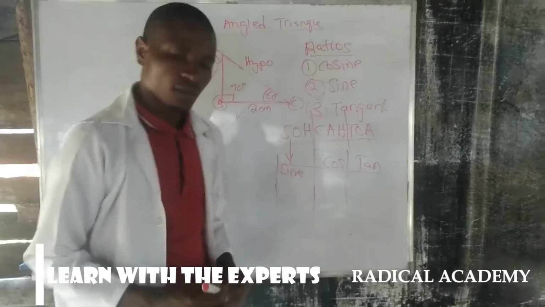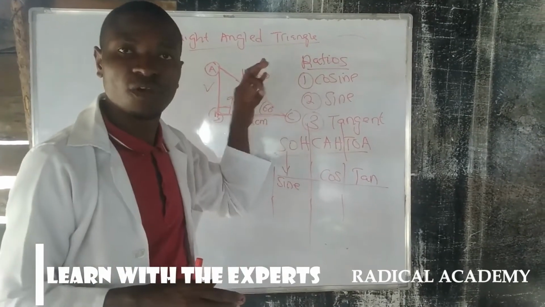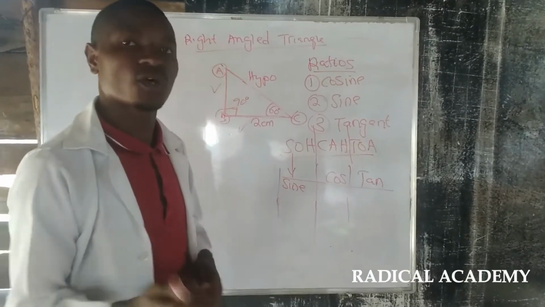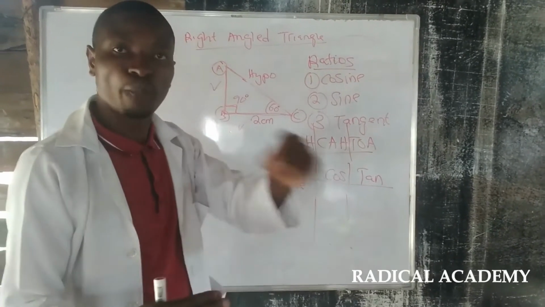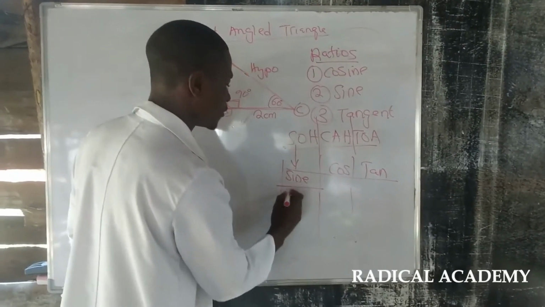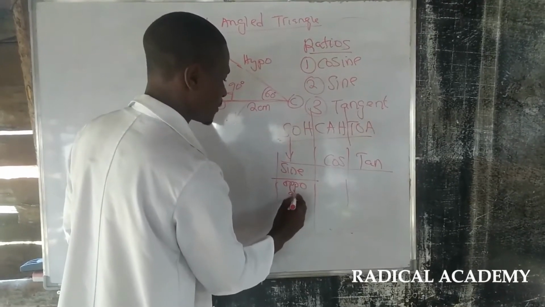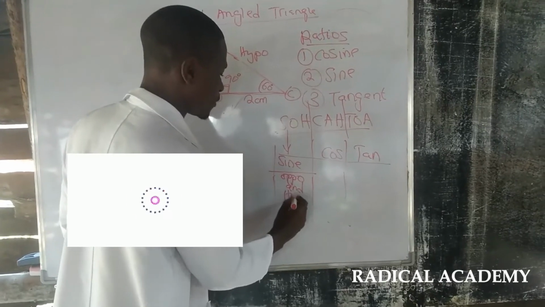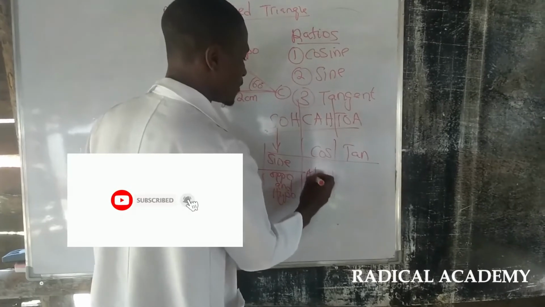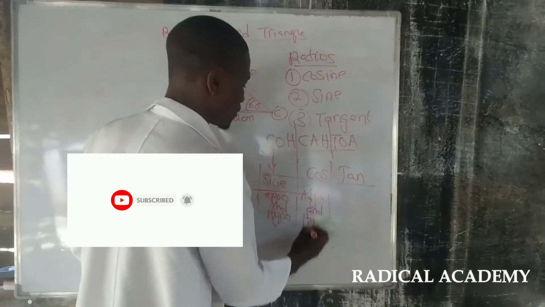Now that we understand we have three ratios, the sine, the cosine and the tan, what are the sides that correspond to these ratios? For the sine, we have the opposite side and the hypotenuse. The cosine has the adjacent side and the hypotenuse.